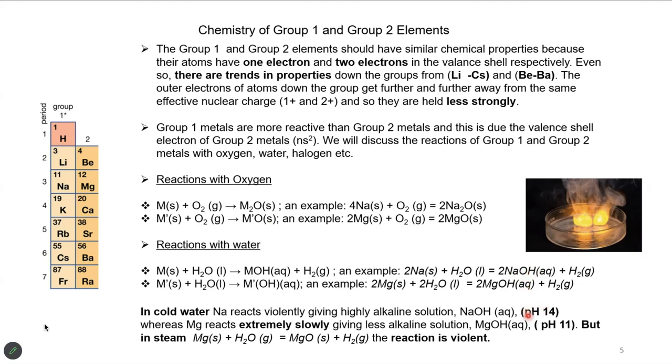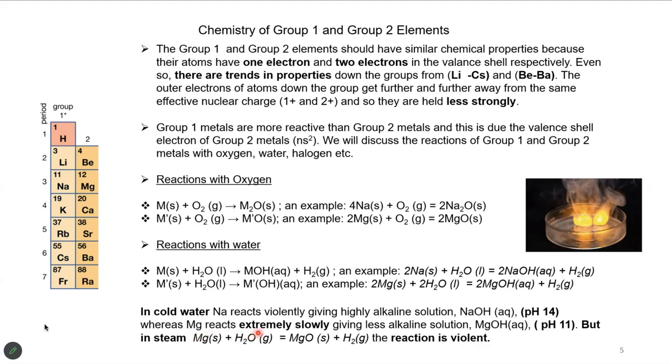And the pH of this identifies whether the solution is acidic or alkaline. pH 14 is the highest pH. That means it is alkaline. And if the pH goes down, then it becomes acidic, and pH 1 will be the highly acidic solution.